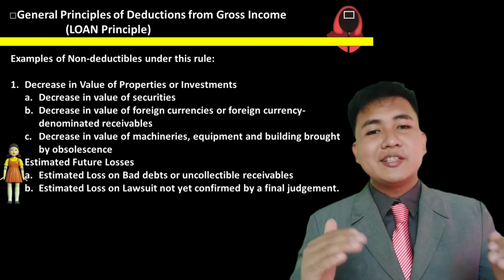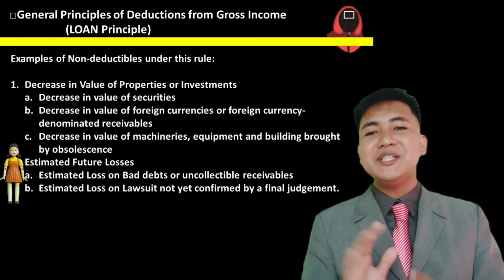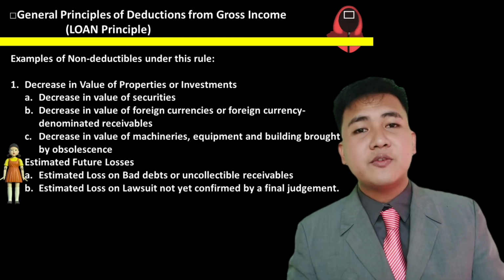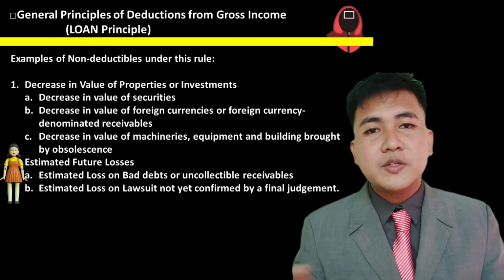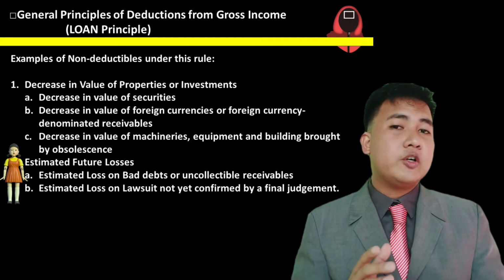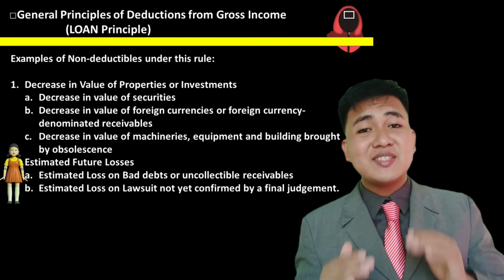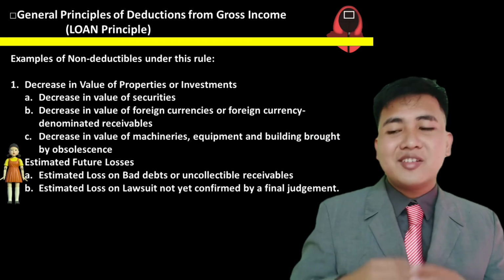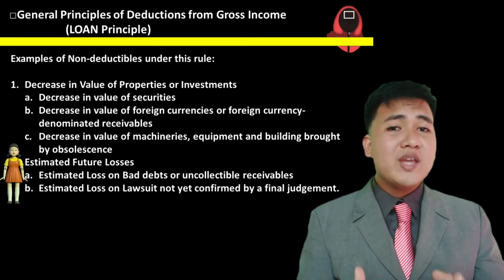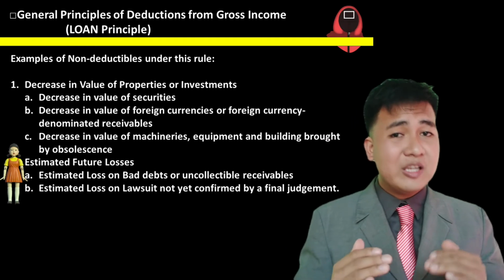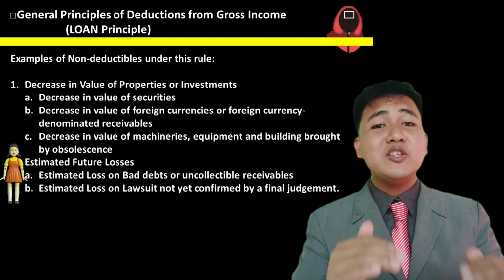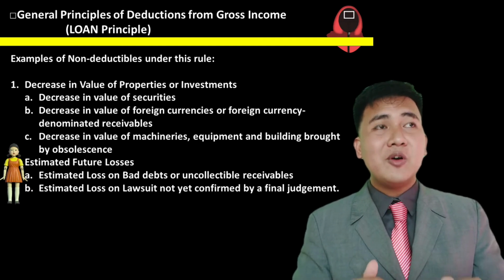Okay, number 2 are the estimated future losses, which include estimates from bad debts or loss on lawsuits not yet confirmed. These go with the letter A, or the actual, in that they are not sustained in a closed and completed transaction. Another point here is that we are not sure of when we will actually incur these losses, considering that they should be incurred only during the current taxable period.